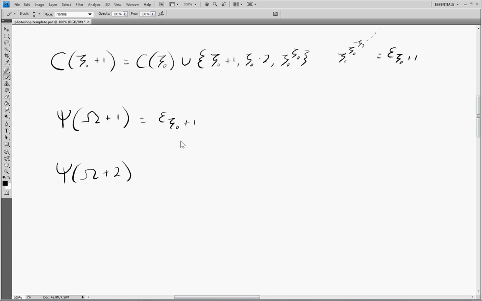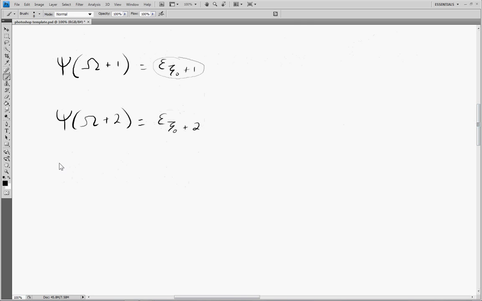So we can imagine taking this construction now and plugging it into the next set, and the first inaccessible point now would be an infinite tower of this, which is equivalent to the second epsilon number after zeta naught, or epsilon zeta naught plus 2. And in general, we can say that psi capital omega plus a is equal to the a-th epsilon number after zeta naught. But we have to be careful once again, because this function is going to get stuck again.